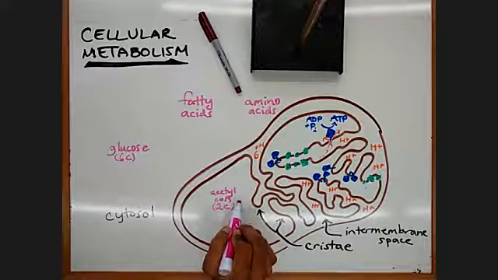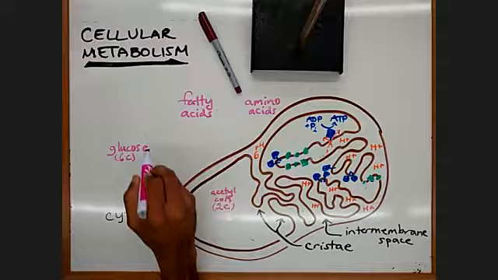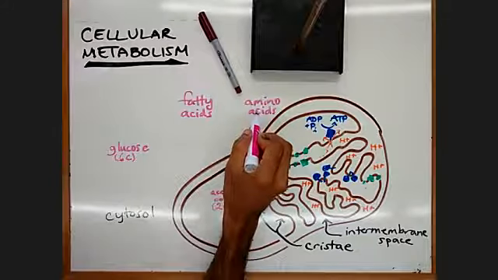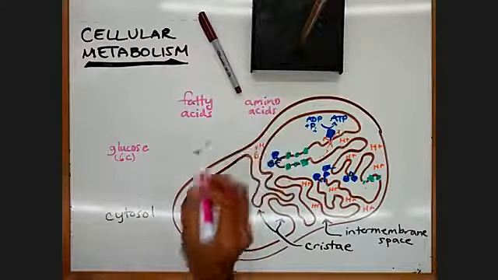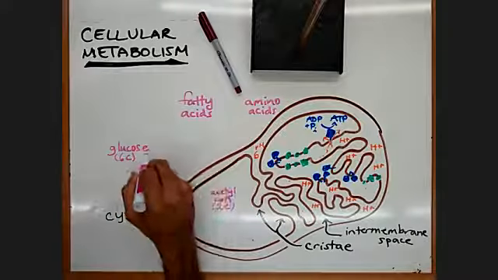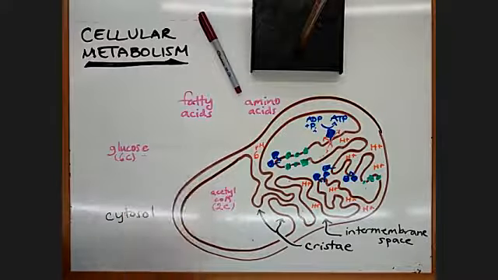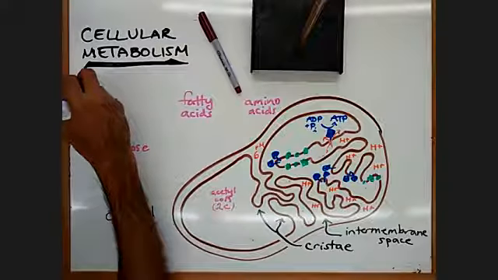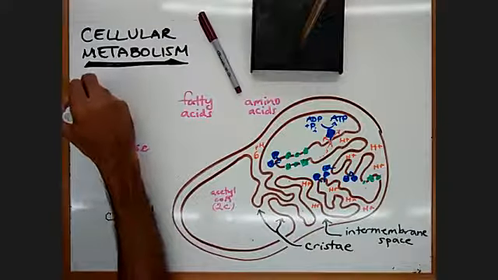What we end up doing is breaking down each of these into smaller units and basically harvesting electrons. When a molecule loses electrons, that's known as oxidation. So this is going to be an oxidative process. We're losing electrons. If you don't remember that term, I'll draw it on here. Loss of electrons equals oxidation.